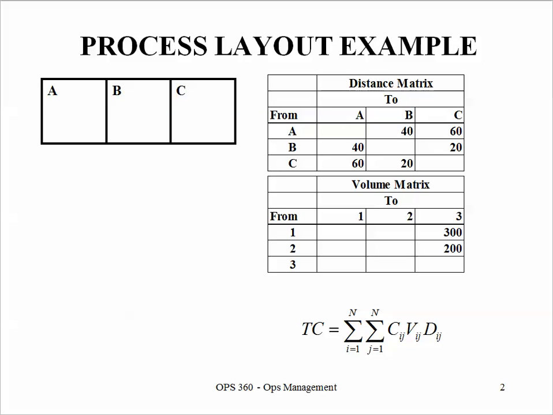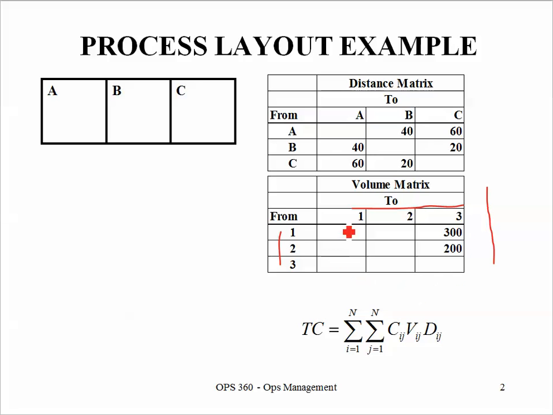Well, let's take a look at a real small and simple example just to make sure we understand how it works. So I have 3 work centers in this example, numbered very cleverly, number 1, 2, and 3. Here I have the volume matrix showing the loads per day that I expect to travel from work center 1, 2, or 3 to work center 1, 2, or 3.